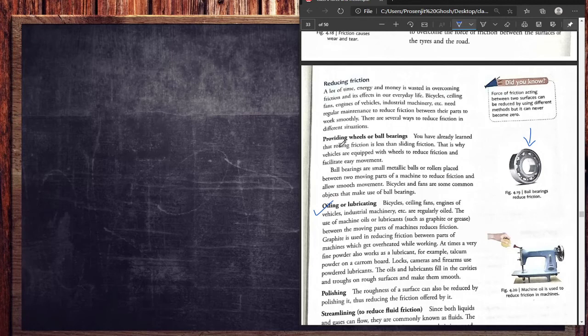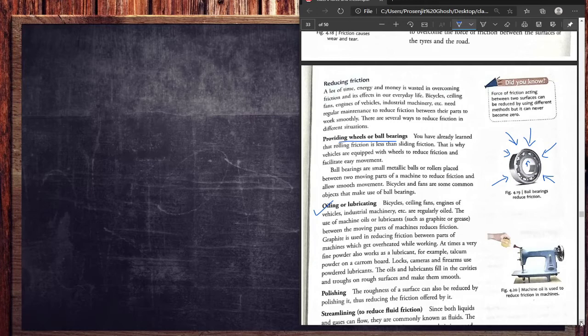Acha. Also, ball bearing is a good example to reduce the friction. This is a mechanism where we have two circular bodies with some balls in between. You can see that in the wheels of our cycles, we use this kind of ball bearing to make it rotate.